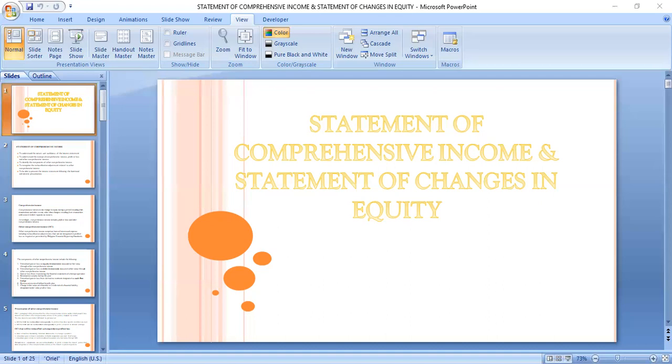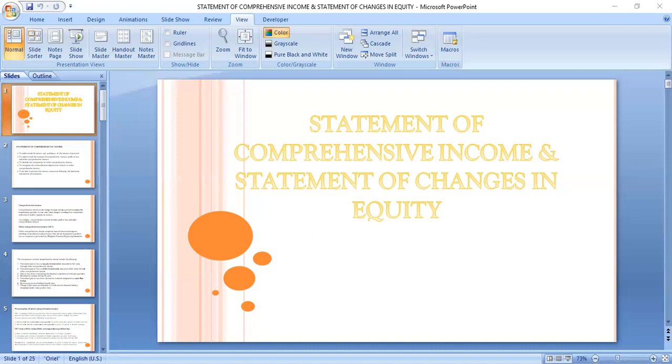If the net income of the period is understated, the amount of the error is added to retained earnings. However, if the net income of the prior period is overstated, the amount of the error is deducted from retained earnings. Dividends to shareholders. The dividends declared or paid during the year shall be deducted from the retained earnings.